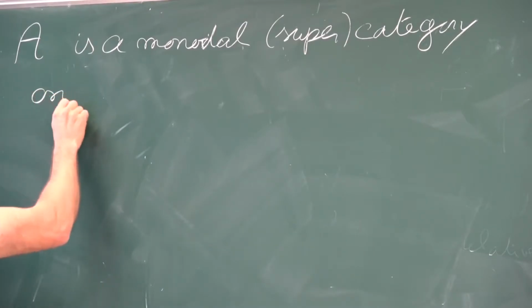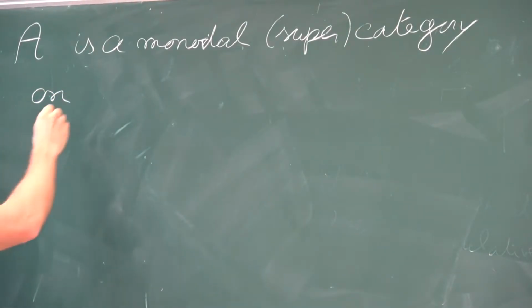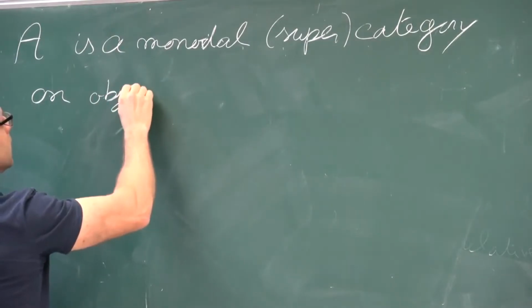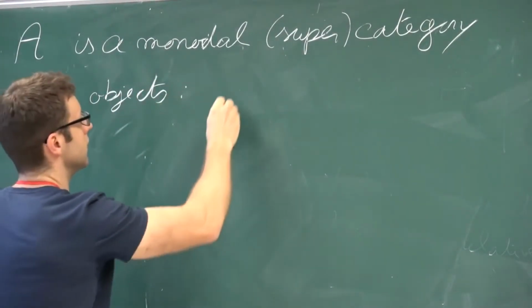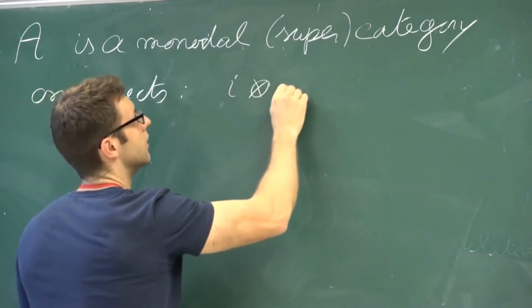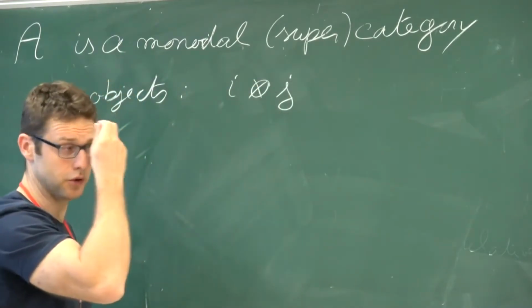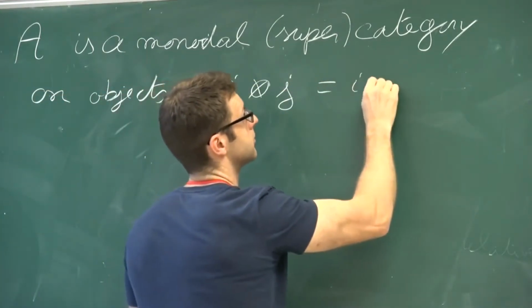So the tensor on objects is given by the tensor of two natural numbers is just their sum.